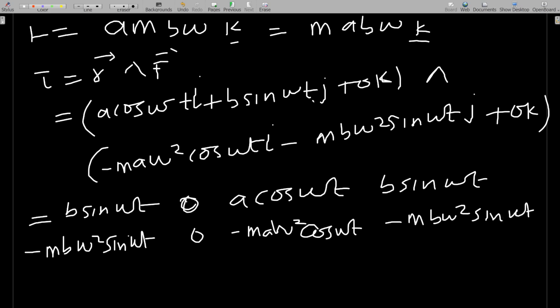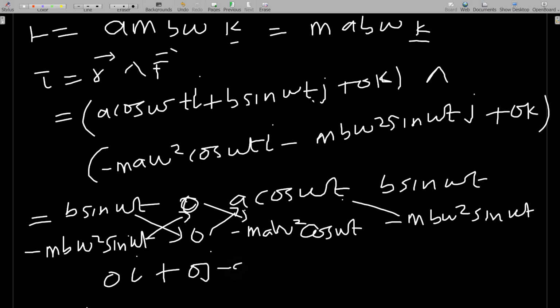So you realize that this time this will be 0 minus this time is 0, so I have 0i, plus this time 0 times that is 0, 0j. For the k component, I realize this will give me minus a m b omega squared cos omega t sine omega t.